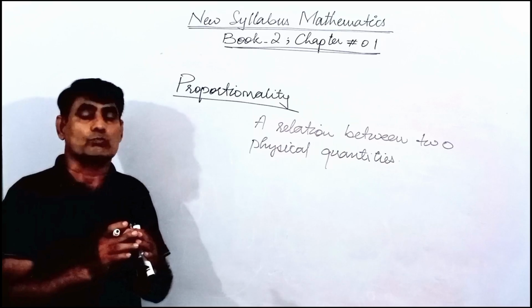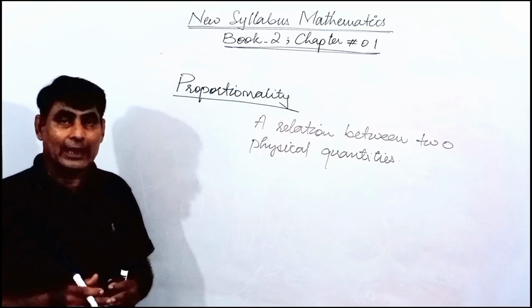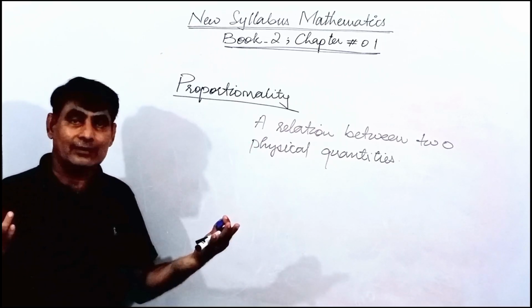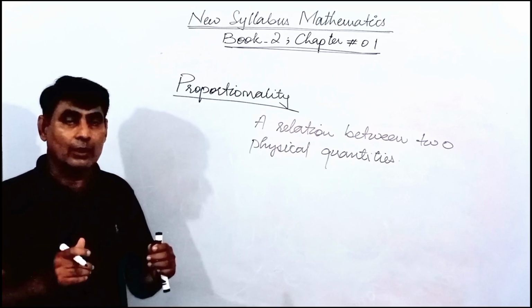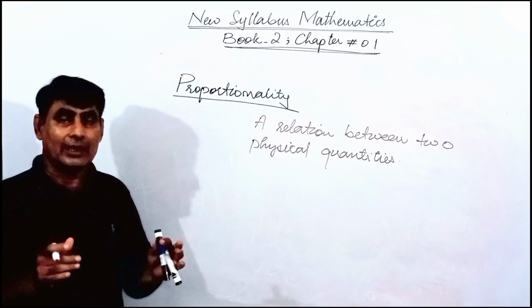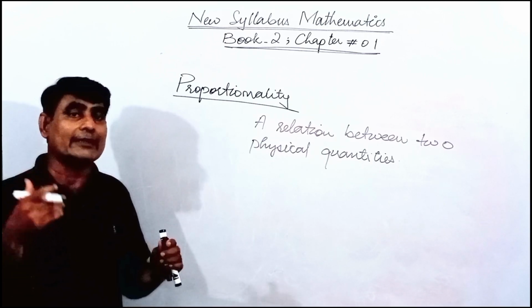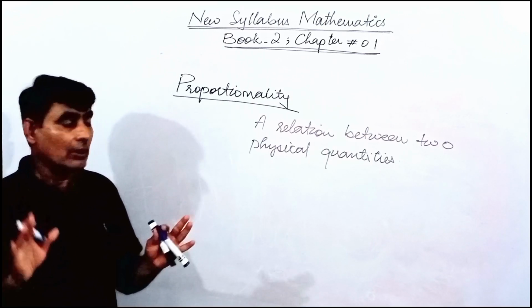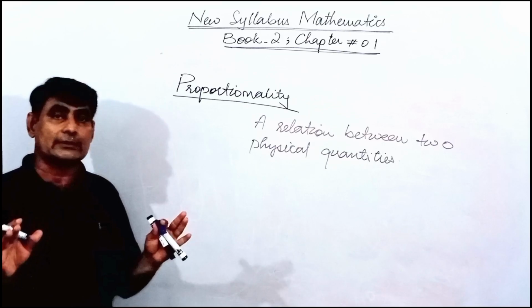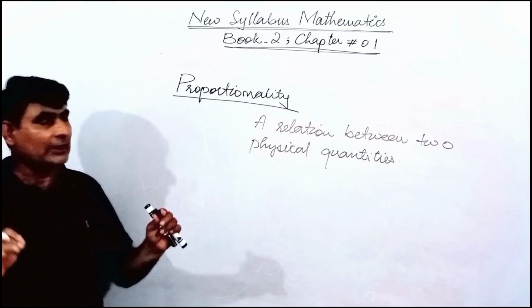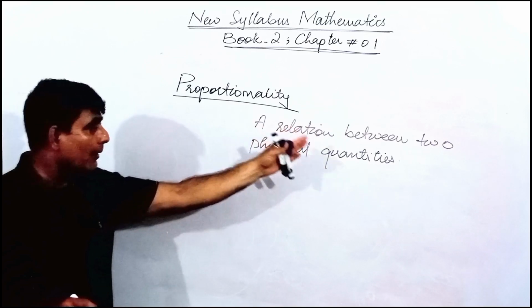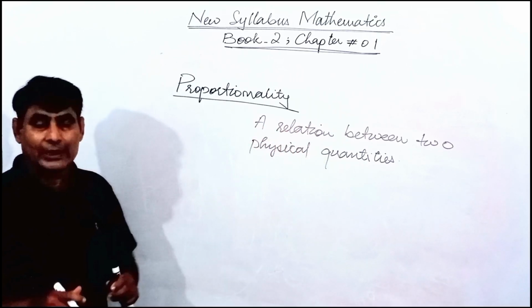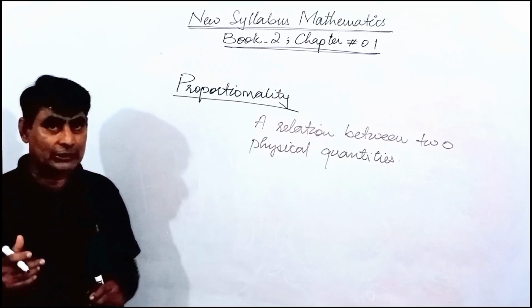Although there are so many formulae having more than two physical quantities, by combining different relations, we can form a relation having more than two physical quantities. But at a time we only consider two physical quantities. So simply, a proportionality is a relation between two physical quantities, and there are two types of proportionality.